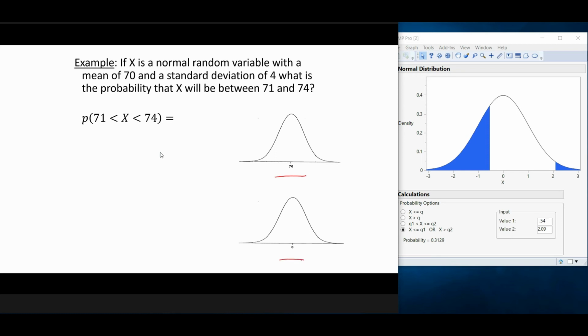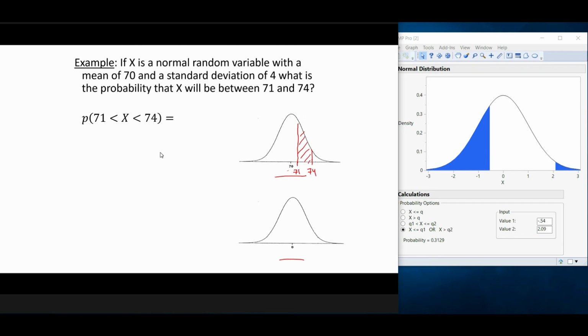If the normal distribution has a mean of 70, that's the center. And we want to know how much of the area of that normal distribution is between 71, which is here, and 74, which is here. So I'm looking for the area of that normal distribution between 71 and 74.